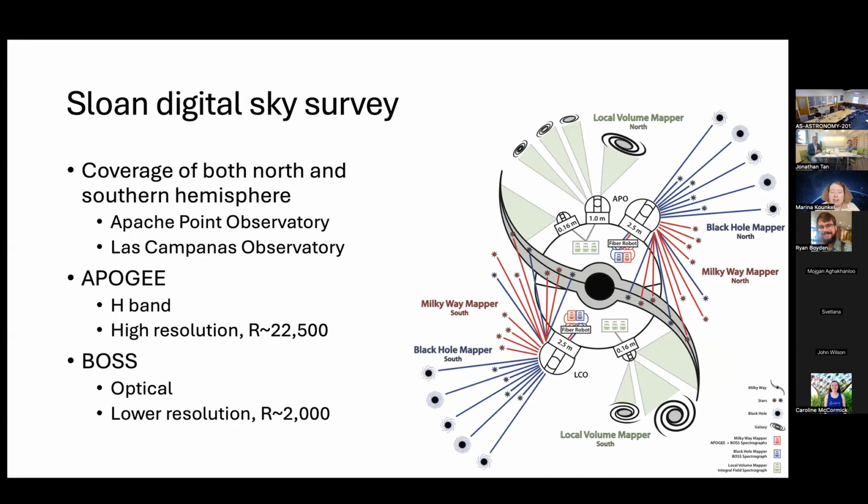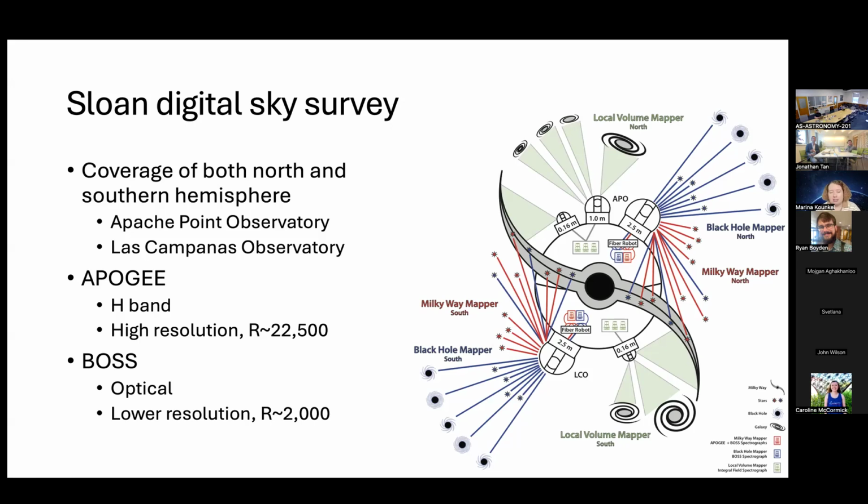And over the decades, there have been spectra of several million stars that have been taken, tens of millions, hundreds of millions even. And in particular, I am involved in one spectroscopic survey, which is Sloan Digital Sky Survey. The survey has two spectrographs.